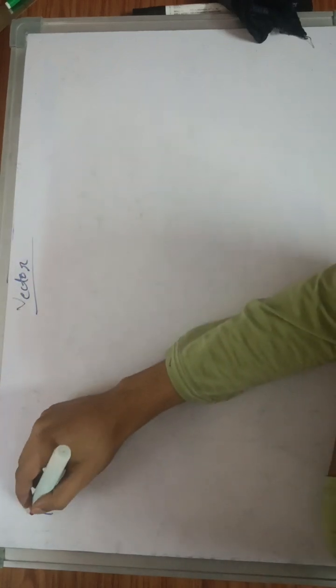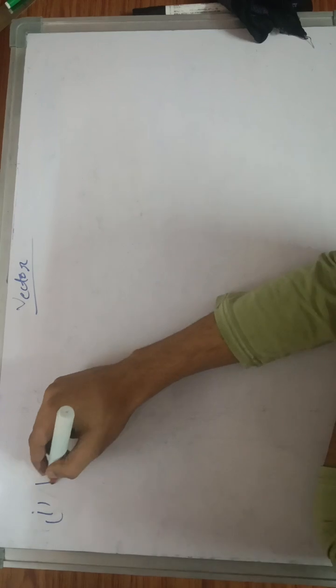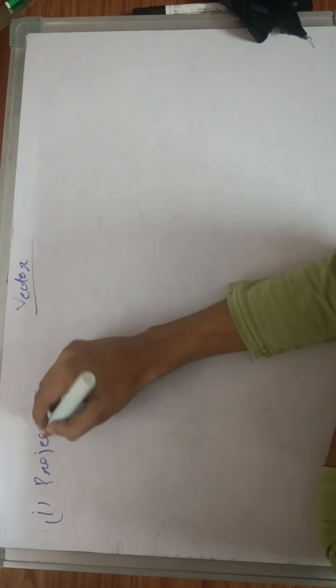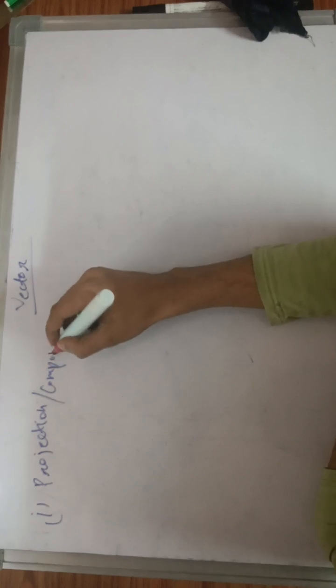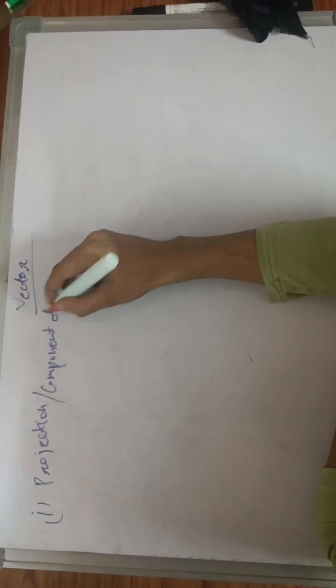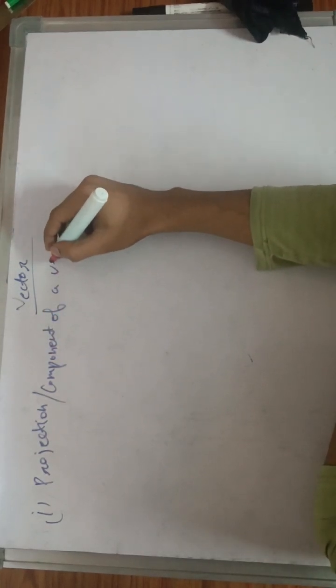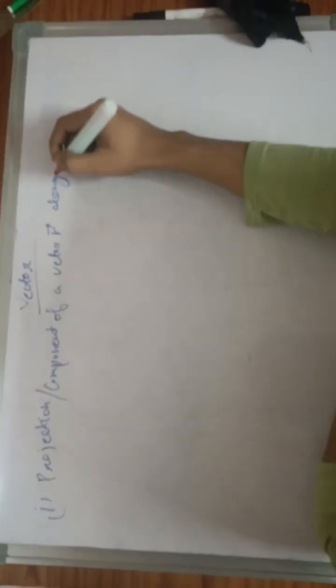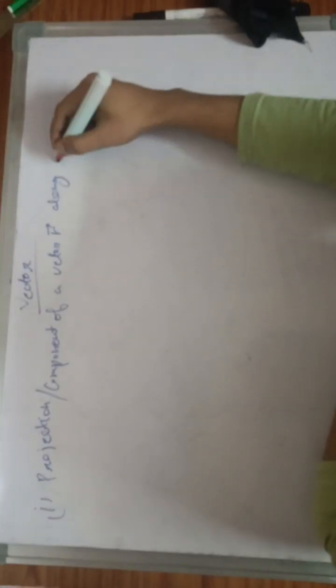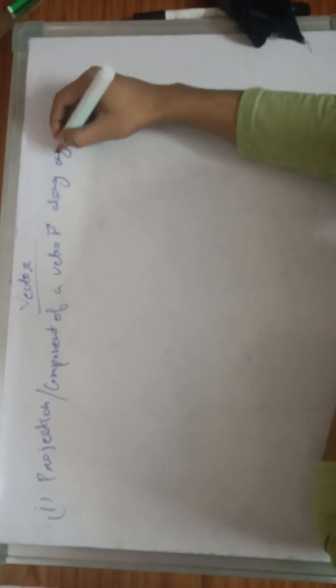We will talk about the first thing, which is the projection or component of a vector along any L cap direction.